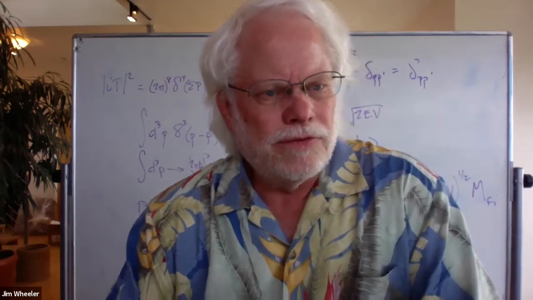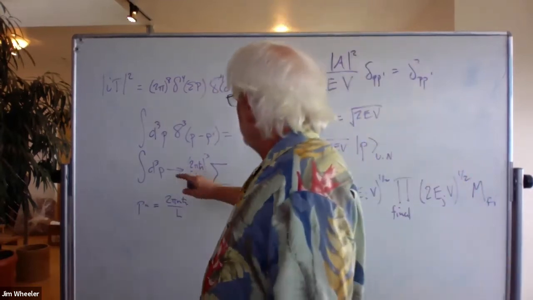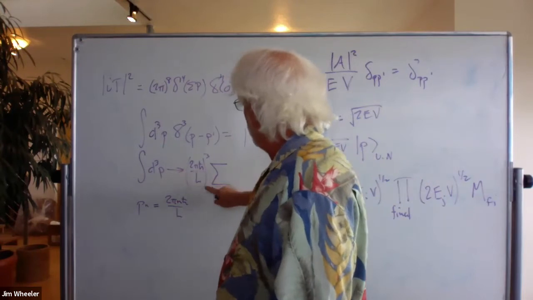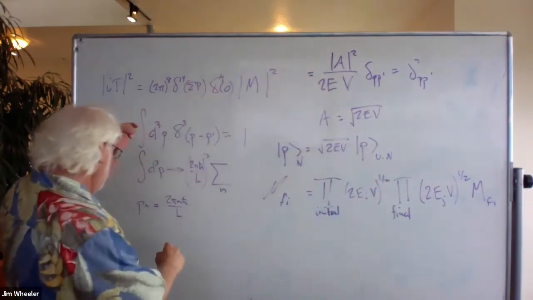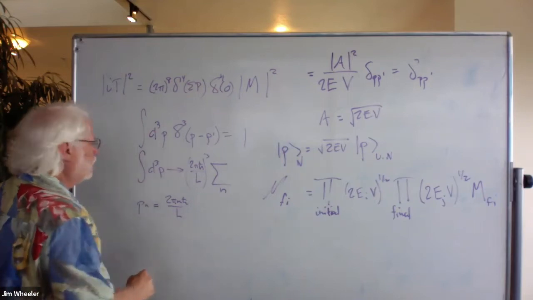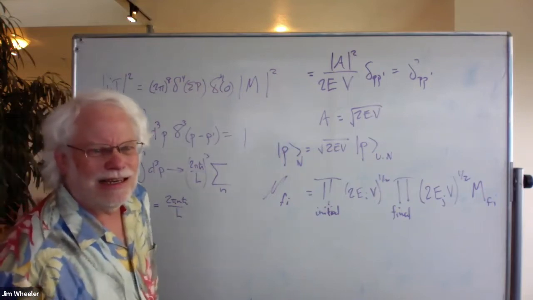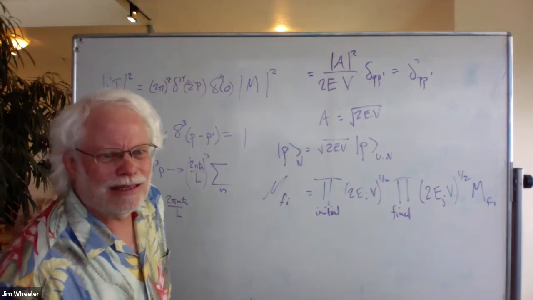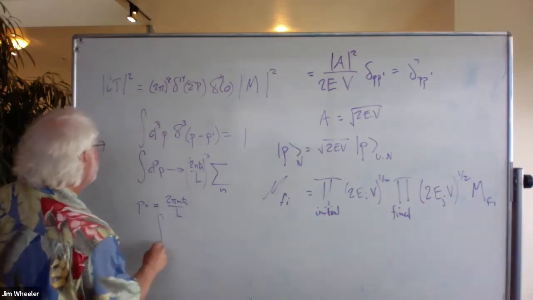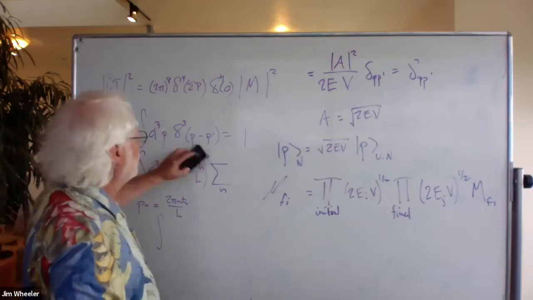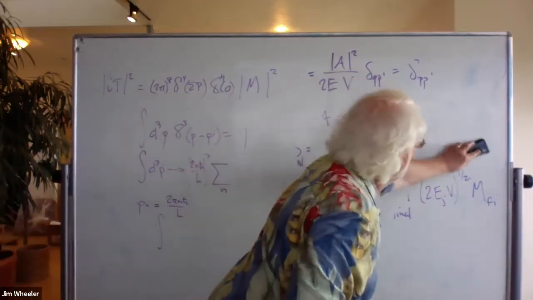So for this reason, a momentum integral ends up being a sum times this factor. And when we want to normalize the delta function, right? This full expression, this expression up here.